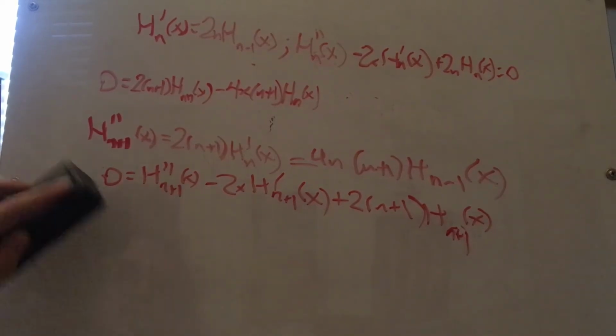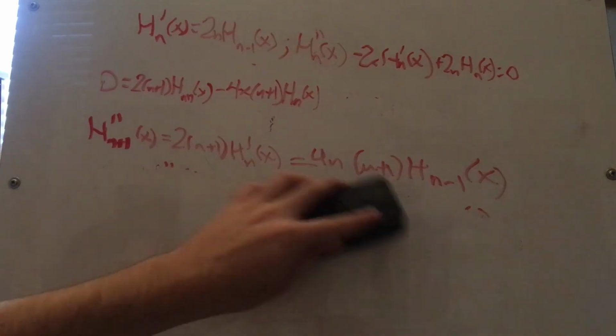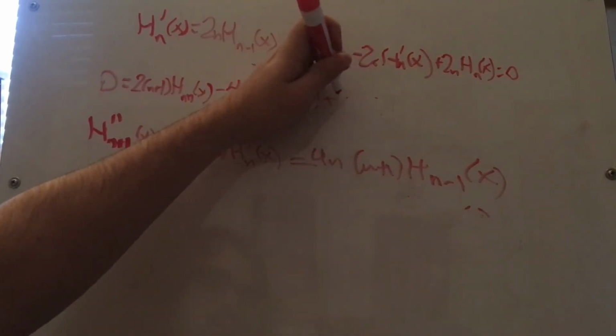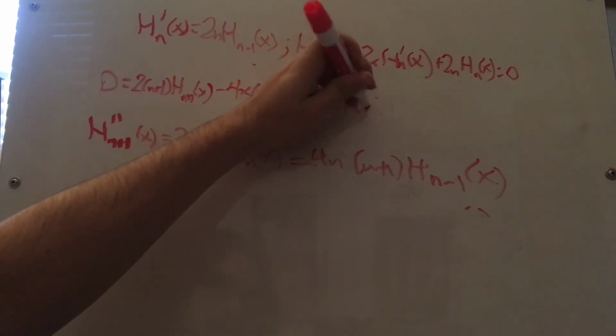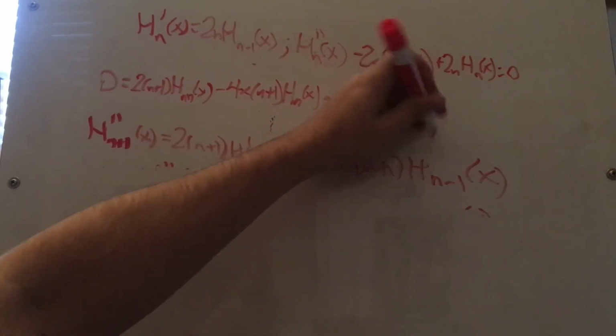And then we need to plug in H_{n+1} double prime of x, which is equal to 4n(n+1) times H_{n-1} of x.